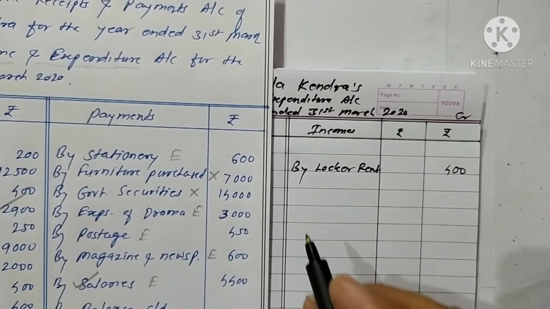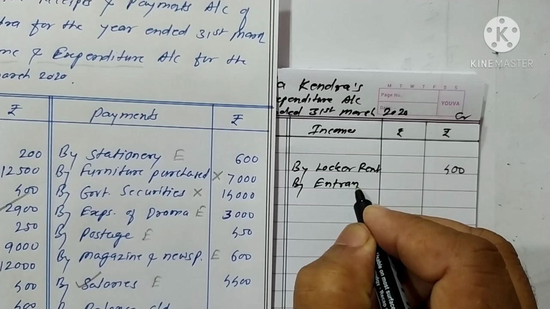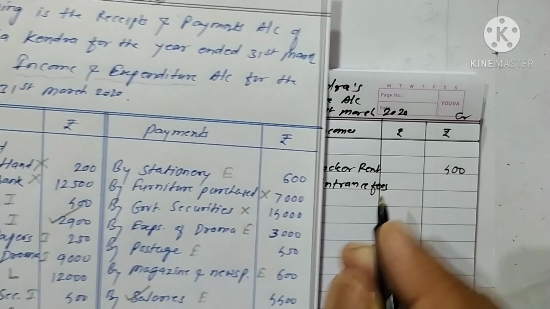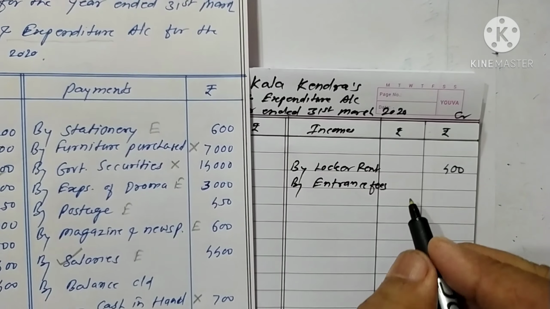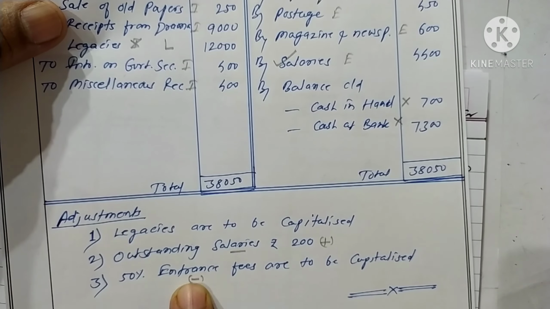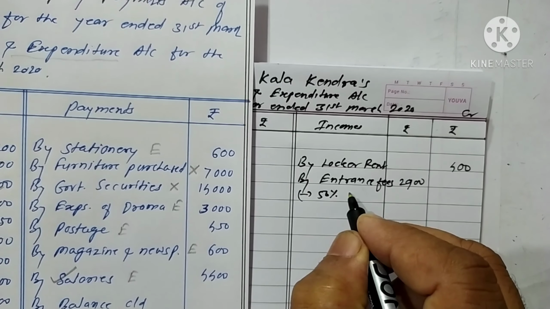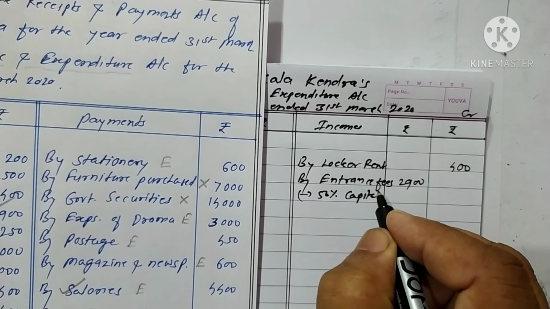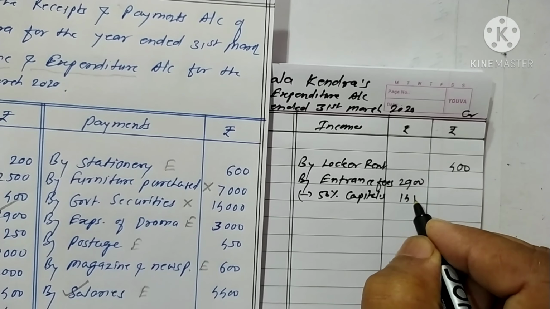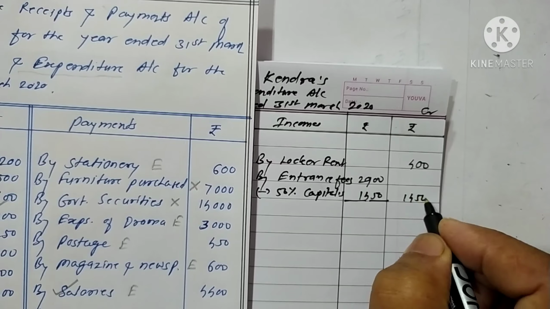Next is entrance fees. We write in the inner column 2900. We have to subtract entrance fees as capitalized. 50% comes to rupees 1450. The deduction comes to 1450.